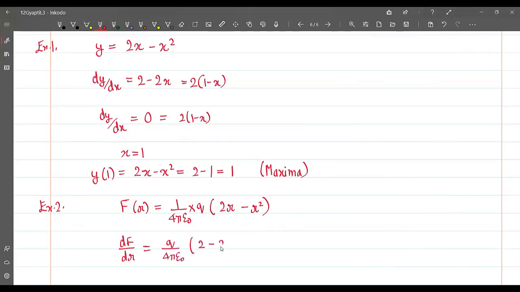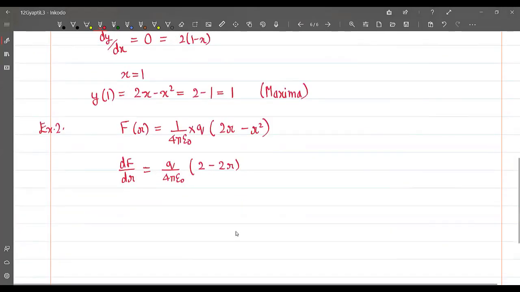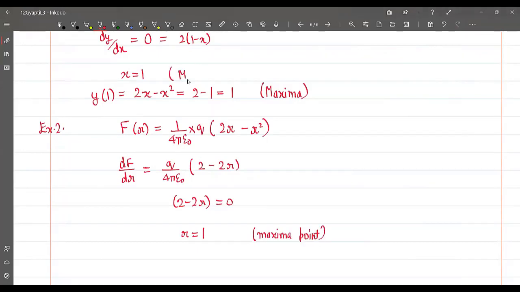That is 2 minus 2r. Next step is to equate it to 0. 2 minus 2r is 0 when r is equal to 1. This will again be the point of maximum. And when you put that value in, you will get the maximum value.